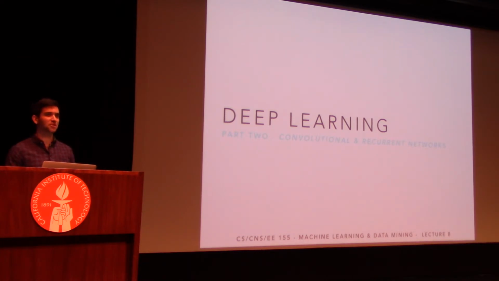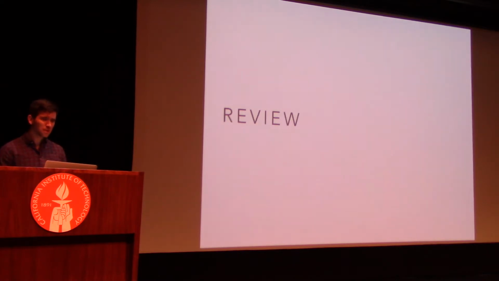We went through the standard formulation of what is typically called a multi-layer perceptron. It's basically just a series of stacked one-layer linear classifiers. But today we're going to be talking about some extensions on top of that framework.